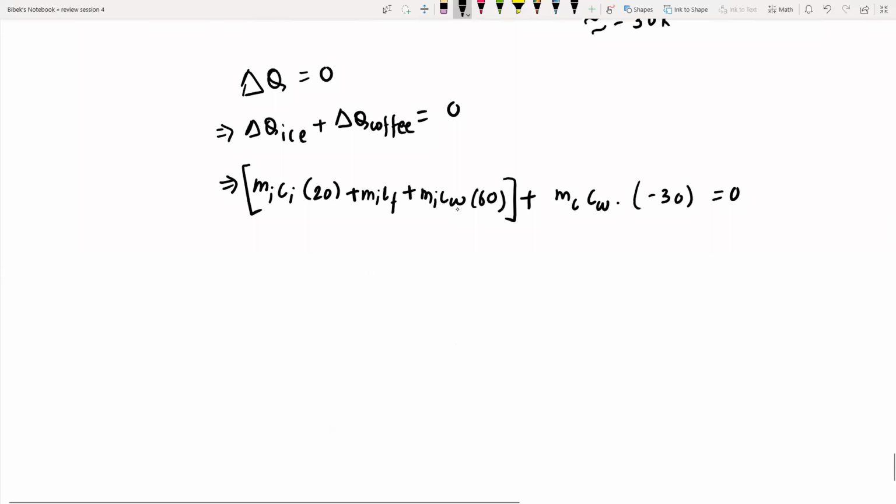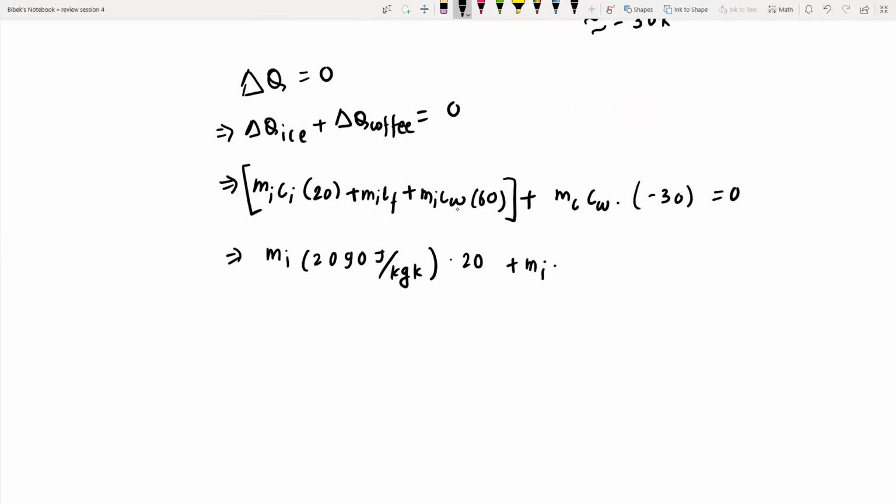Okay. So now the only thing that's unknown to you is Mi. Rest of all of the terms are known to you. So for ice, the specific heat capacity will again be given to you. That is 2090 joule per kg Kelvin, the specific heat capacity of the ice, times 20, plus Mi. We don't know Mi, we need to find Mi.